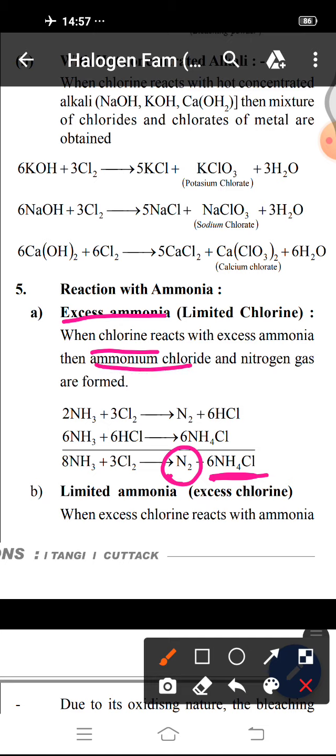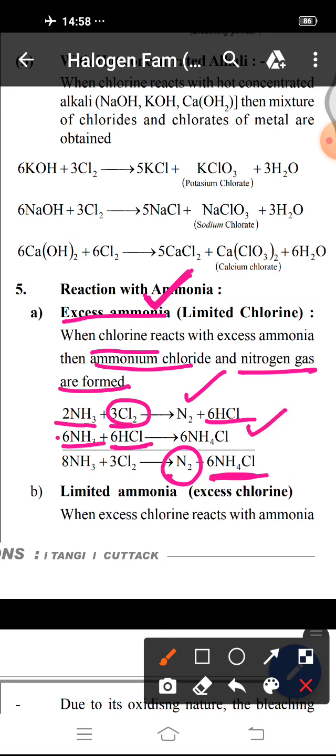NH3 reacts with chlorine to form N2 and HCl. NH3 is basic in nature and HCl is acidic in nature, so they react to form ammonium chloride, NH4Cl.